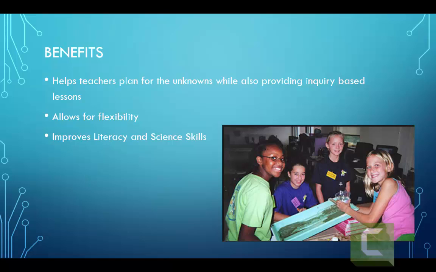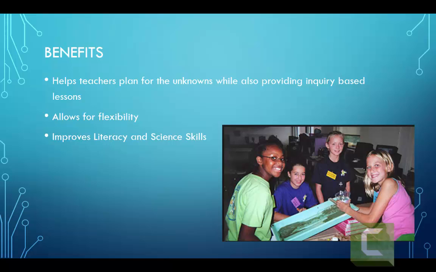So, what are the benefits to this? The POGIL method really helps teachers plan for the unknowns while also still providing inquiry based lessons. It allows for flexibility because each cycle within the method allows you to revisit it, or you could even take little pieces out and come back to them at a later time.